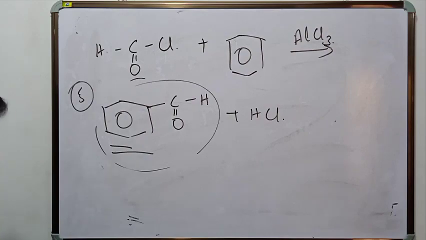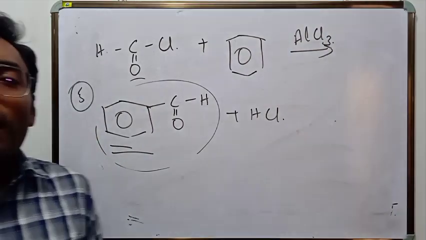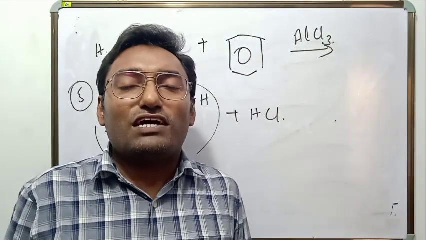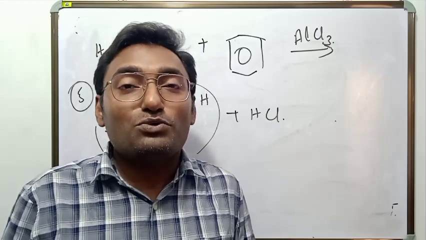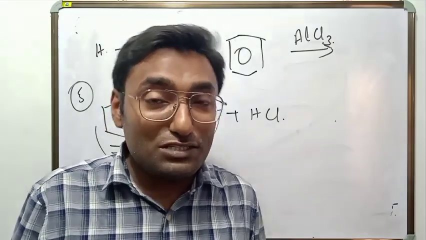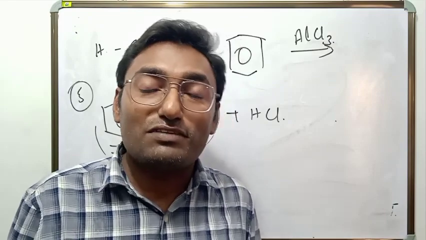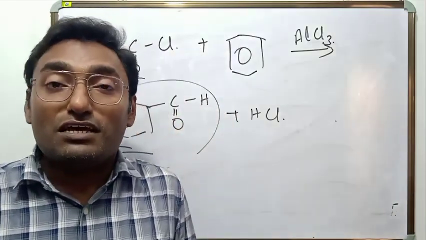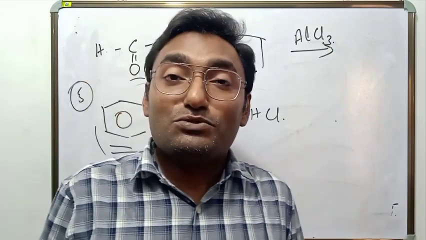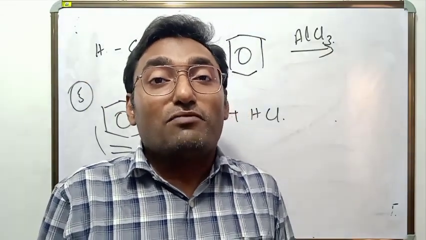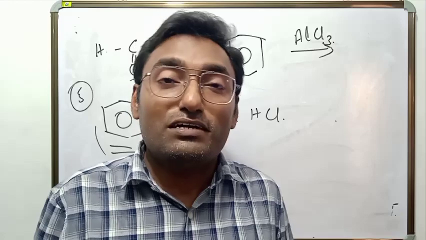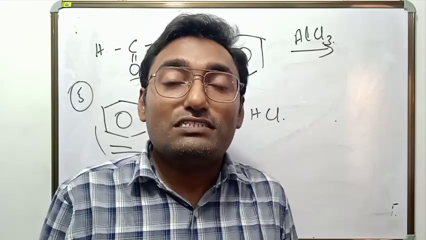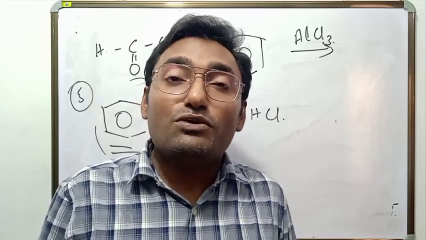So you can say that there are 5 applications of Friedel Crafts acylation. Number 1, you can make alkyl phenyl ketone. It is used exclusively for its preparation. Number 2, you can make alkyl benzene. You can also make alkyl benzenes using Friedel Crafts alkylation, but Friedel Crafts acylation is a better method. We have discussed the reason, and you can refer my video for more details.